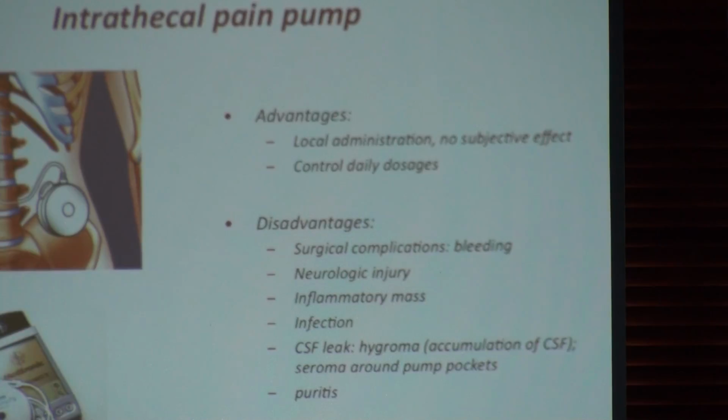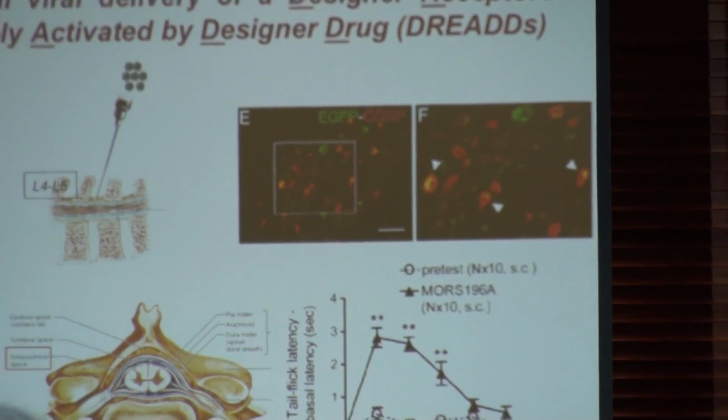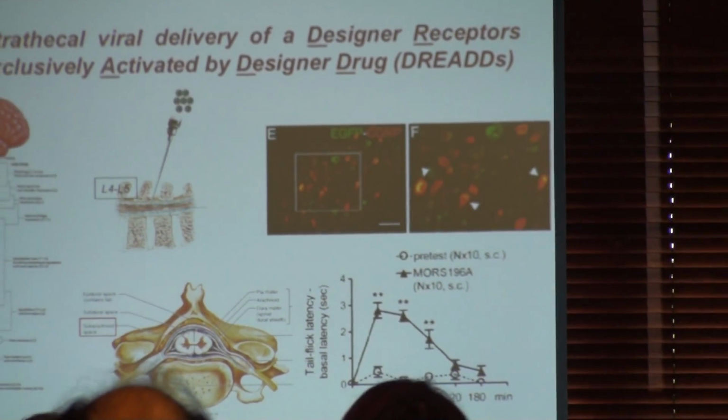That's what we study, how we can give this kind of drug without having the itching sensation. Okay? There's another way. This is one of my funded projects by NIDA, trying to get a similar result.